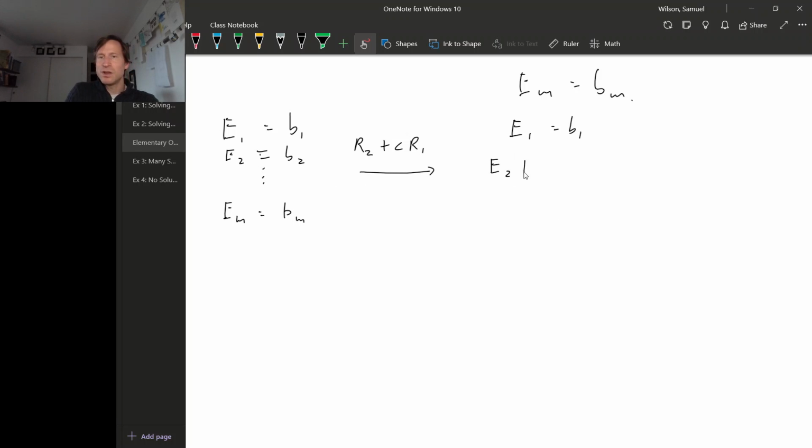So e2 plus c times the first row, so c times e1 equals, on the right side we started with b2, but then we have to add c times the first equation, which is b1. And then the rest of the equations don't change, all the way down to e sub m equals b sub m. Okay, and now we're going to again suppose that we have a solution, x1 up through xn prime.